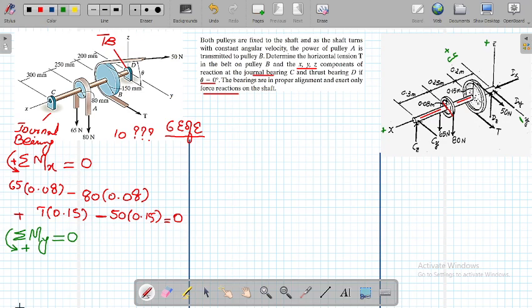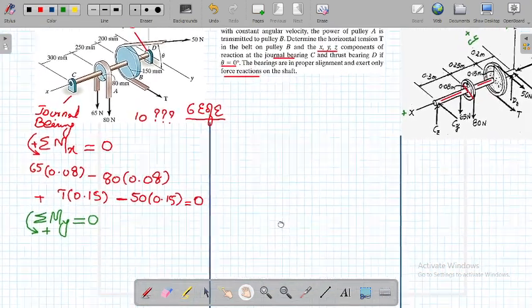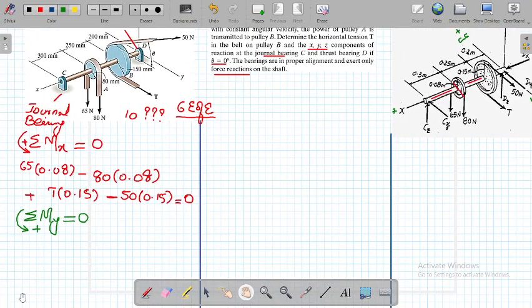Okay, so now if this is understood, we can write it as 65 into 0.45, and also 80 into 0.45.